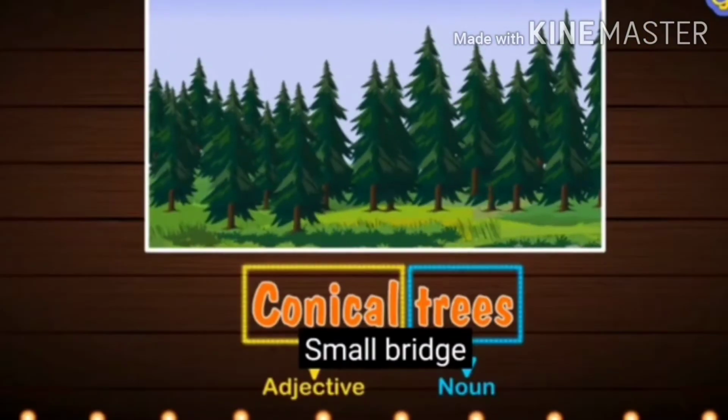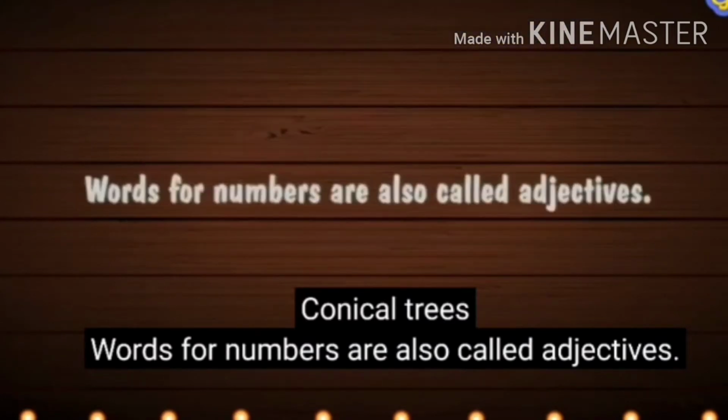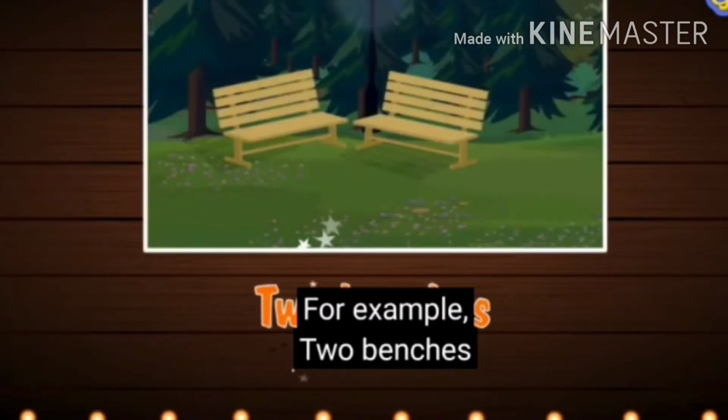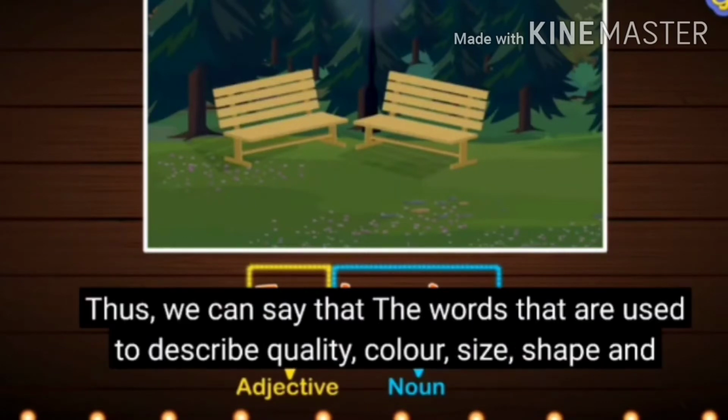Conical trees. Here, conical describes the trees, that is, a thing. Words for numbers are also called adjectives. For example, 2 benches. In this phrase, the word 2 describes how many benches.